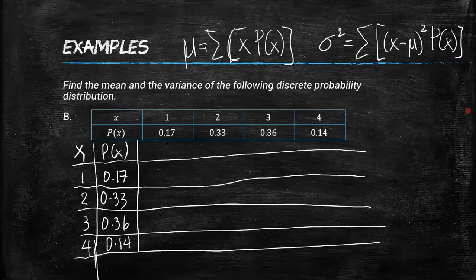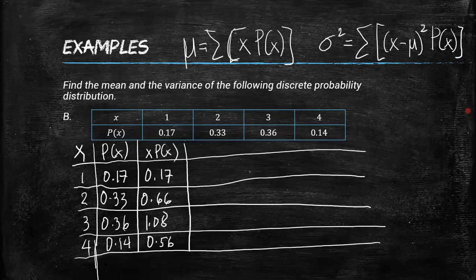Now, multiply x times p of x. So can you help me fill these boxes? So we have 0.17, right? 0.66. 1.08, tama ba? And 0.56. Okay, so what's the summation?